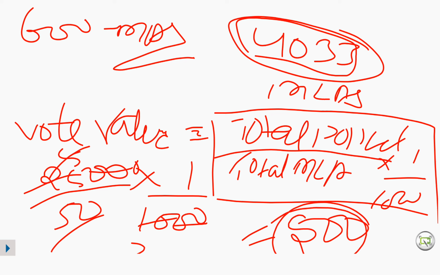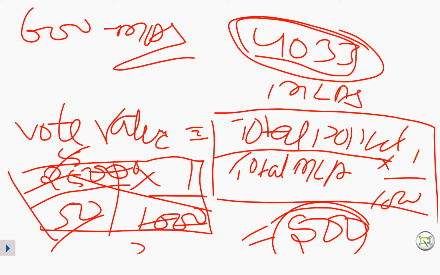So the vote value of 1 will be 500. This is just an example, not an accurate value. So what do you understand from this? What did you gain from this?